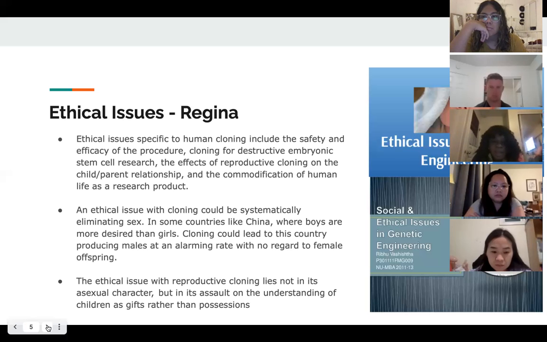Another ethical issue with reproductive cloning lies not in its sexual character, but in the understanding of children as a gift rather than as a product. Sorry.